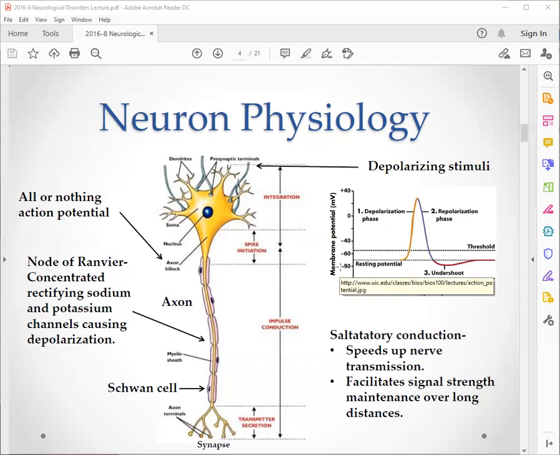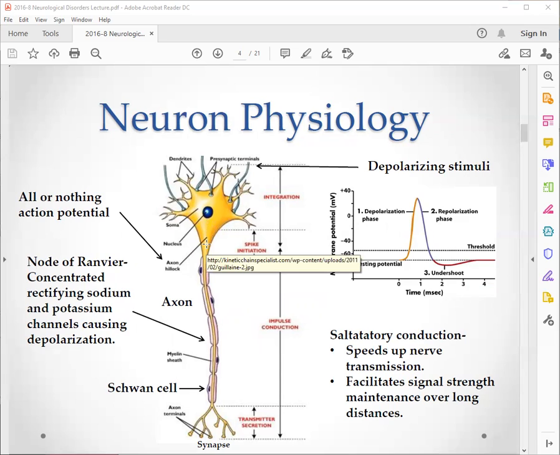And so when we talk about this membrane potential, what I'm talking about is the relative distribution of positive relative to negative charges in the exterior and interior of the neuron itself. And that's what the resting membrane potential is. Now, initiation of this action potential occurs in the axon hillock, so it's all or nothing stimulation.